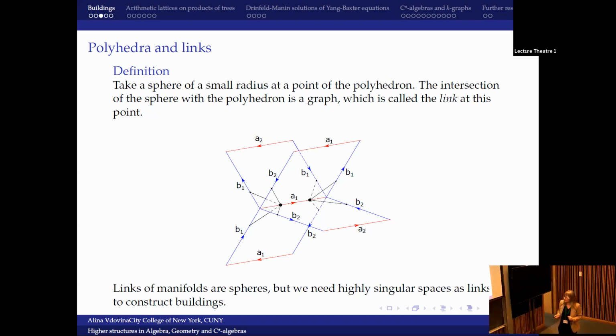And now an exercise. Consider this torus glued from a square as a polyhedron, and look at the sphere of small radius centered at this point. What is the link?